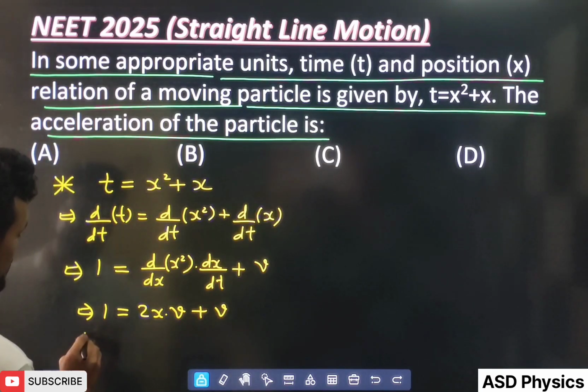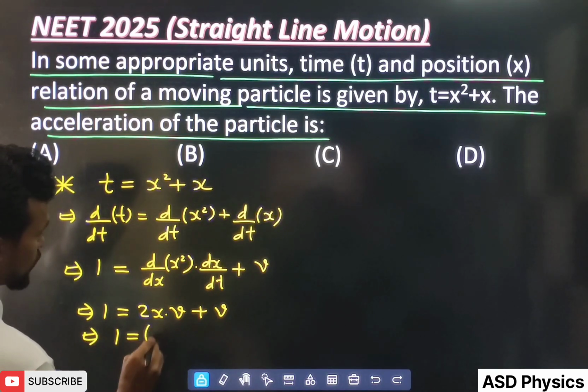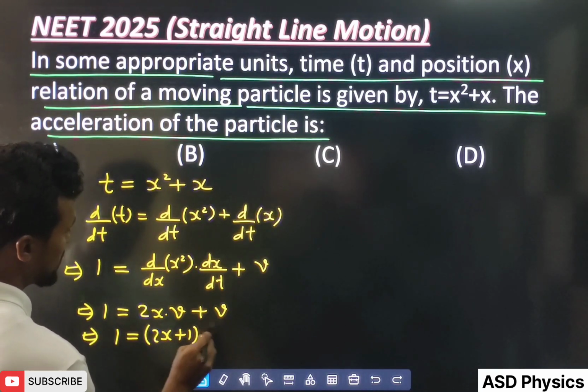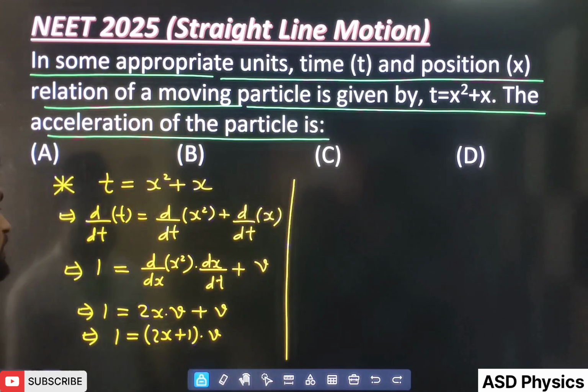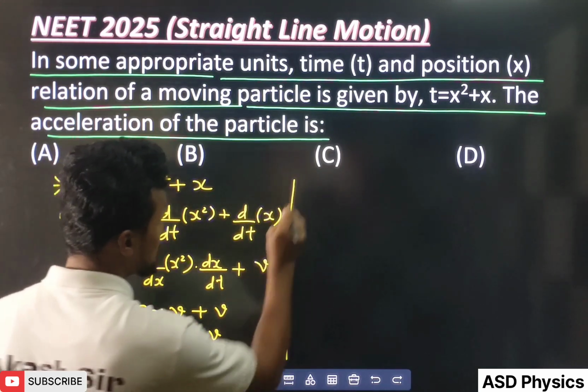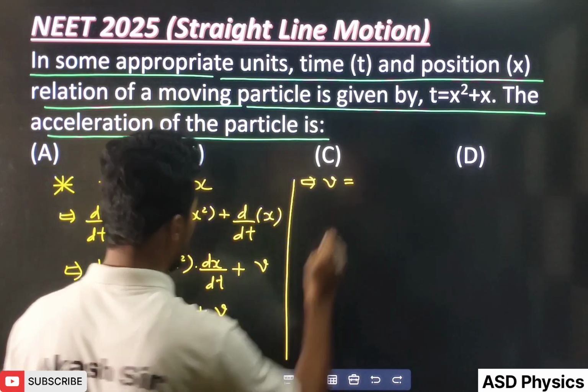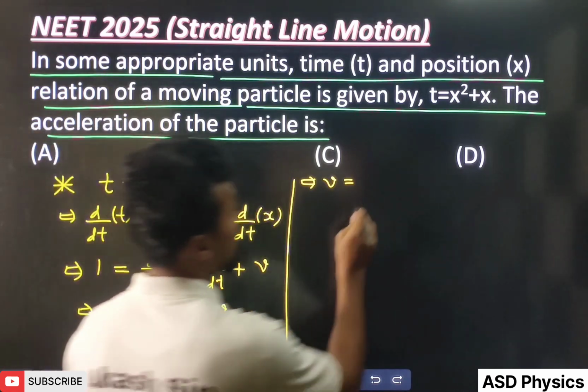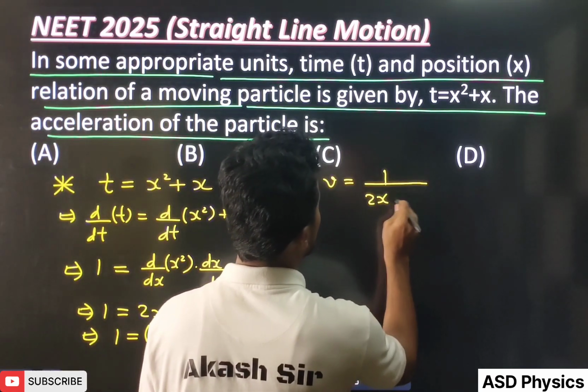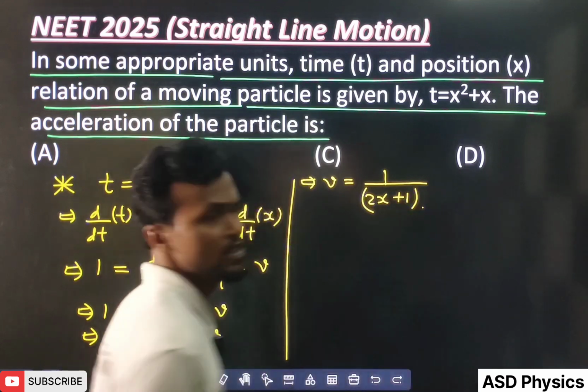So 1 equals 2x times v plus v, that is, 1 equals (2x plus 1) into v. From here the value of v is 1 by 2x plus 1.